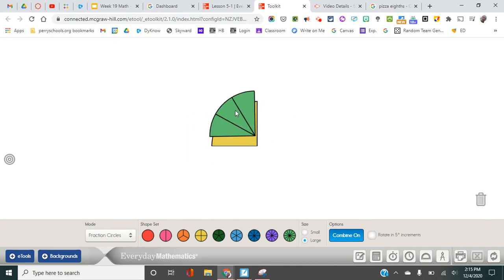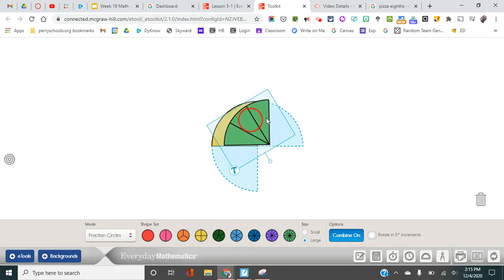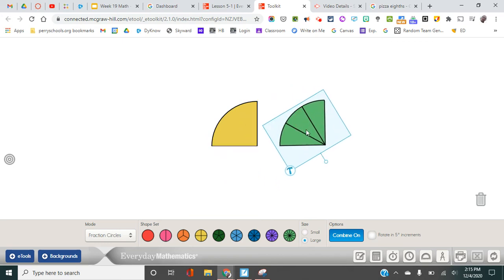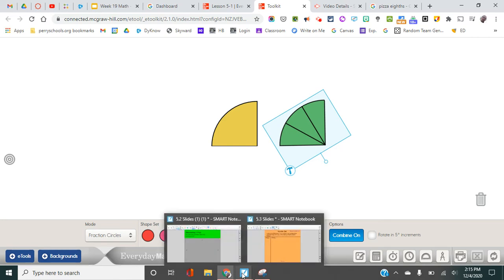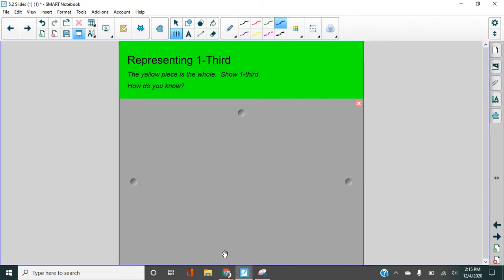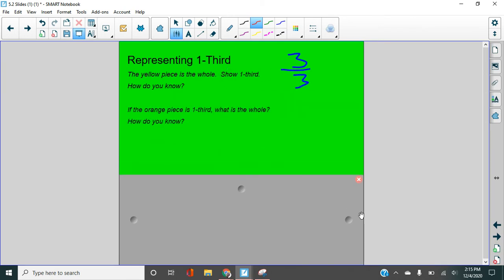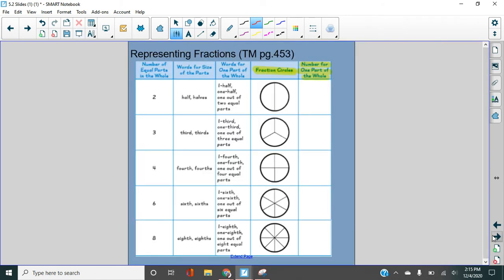There we go. 1/3 plus 1/3 plus 1/3 equals 3/3. Remember, we said that if the numerator and the denominator were the same, then that equals 1, right? So 3/3.